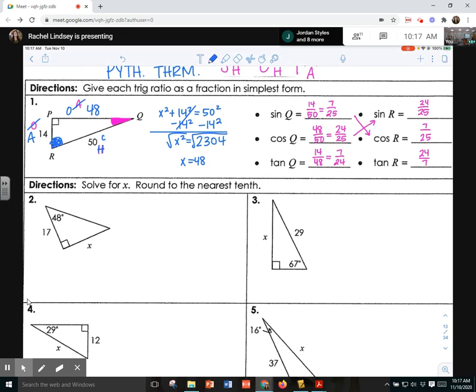So on number 2, 48 is our angle. 17 would be adjacent. X would be opposite. So opposite and adjacent, we're going to use tangent. So I'd have tangent of angle 48 equals my opposite x over my adjacent 17.